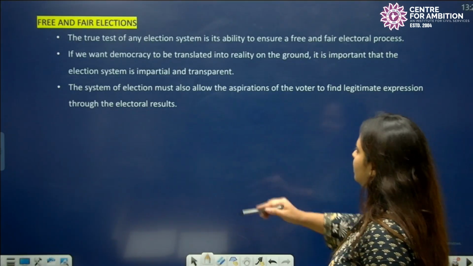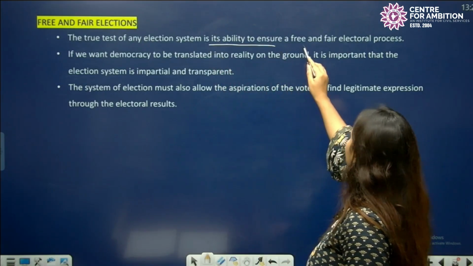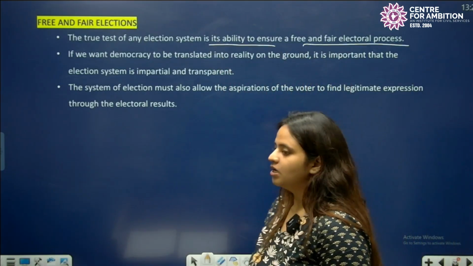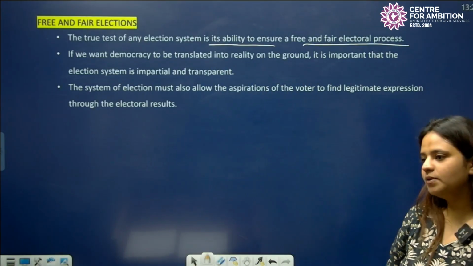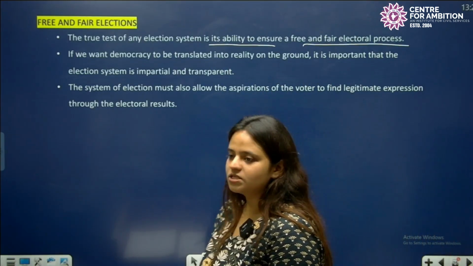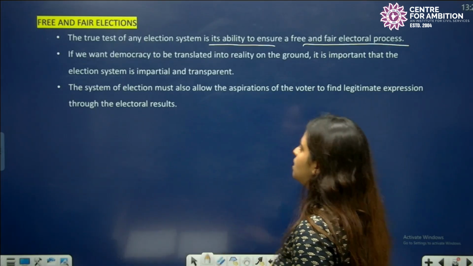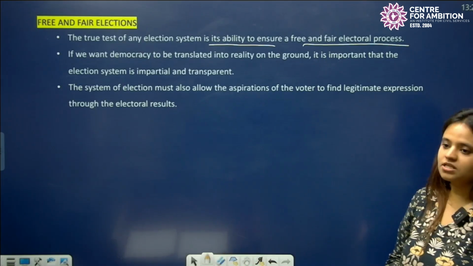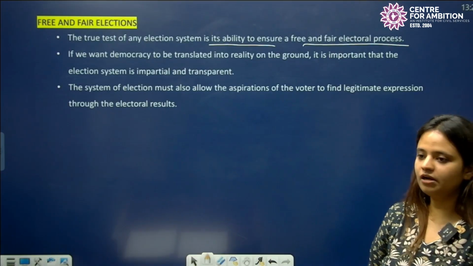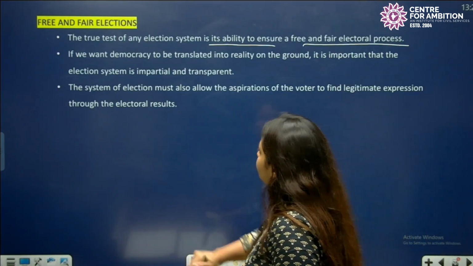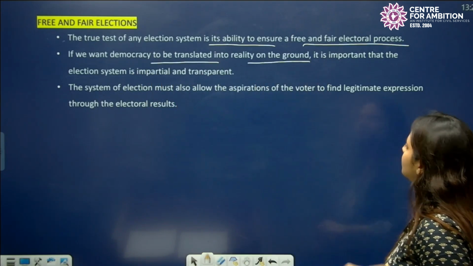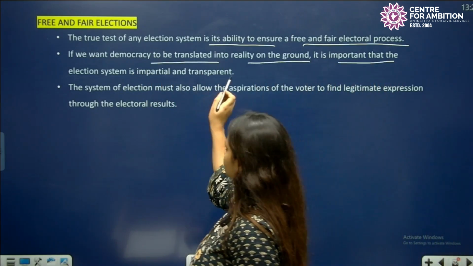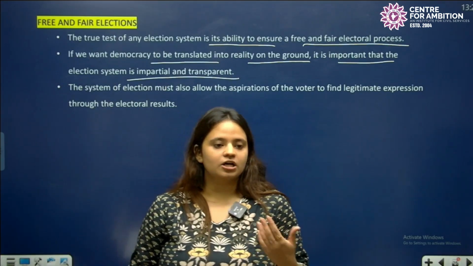So a true test of an election system is the ability to ensure a free and fair electoral process. It is the duty of the election system that elections should be free and fair. If we want democracy to be translated into reality on the ground, it is important for the election system to be impartial and transparent.